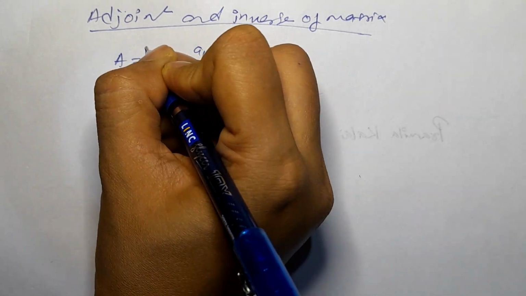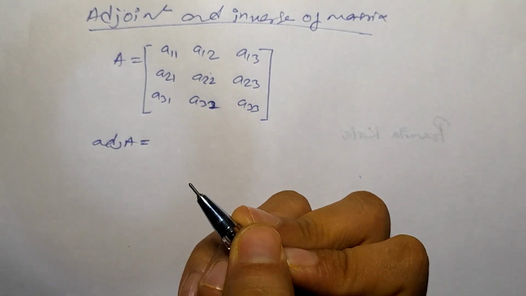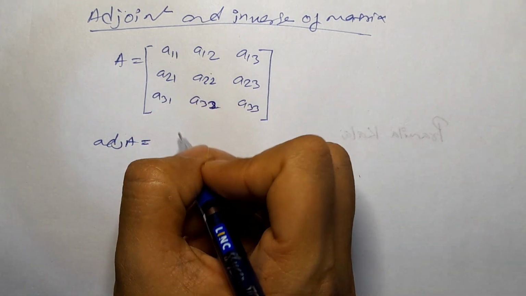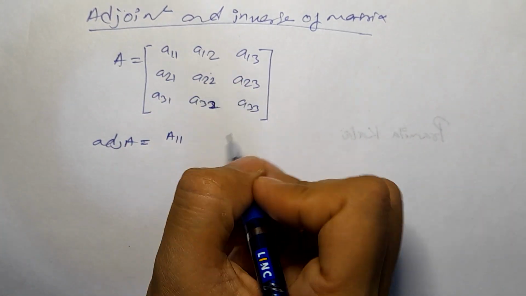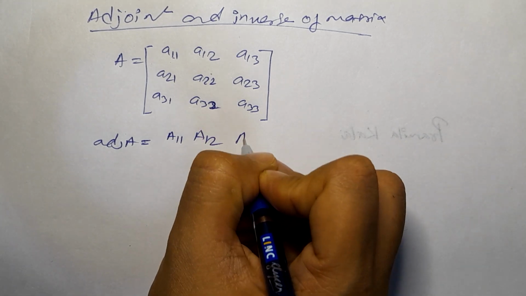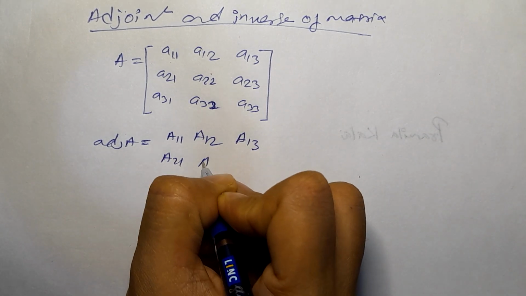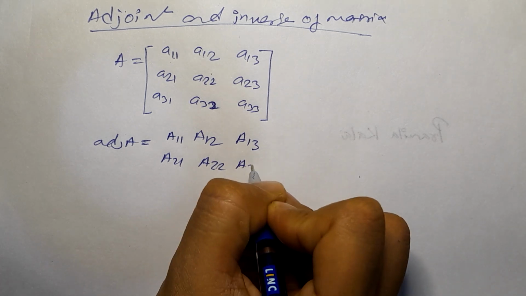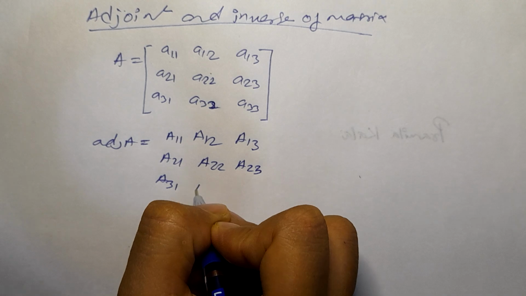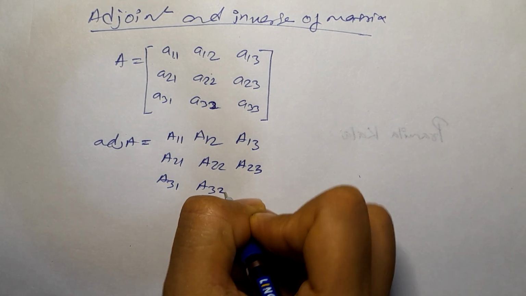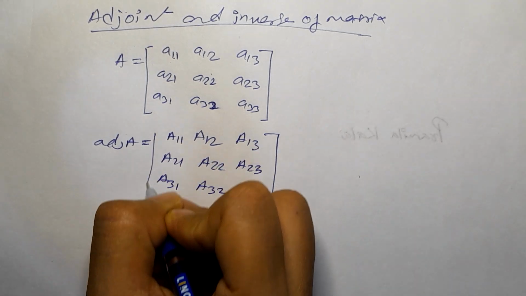So adjoint of A will be the cofactor of a11, that is capital A11, cofactor of a12, capital A12, A13. This is a cofactor. A21, capital A22, capital A23, capital A31, capital A32, capital A33, and transpose.